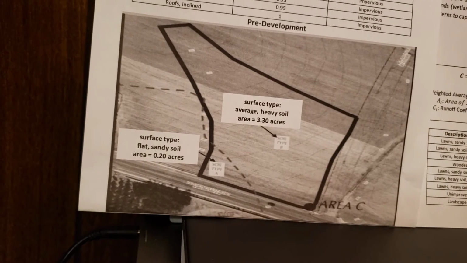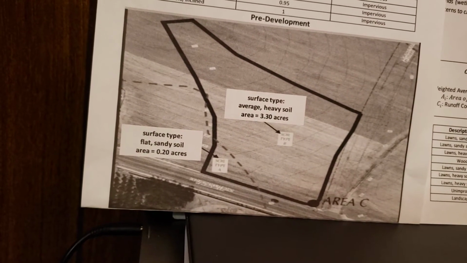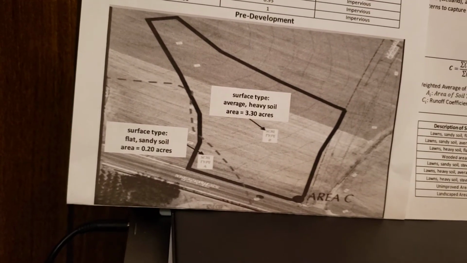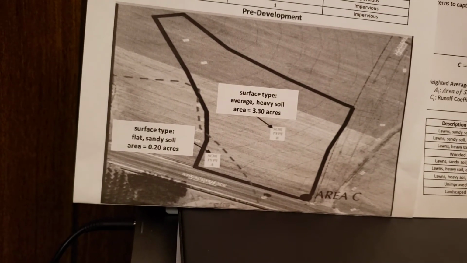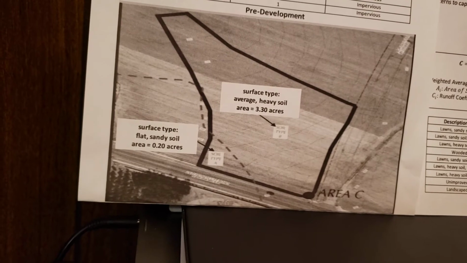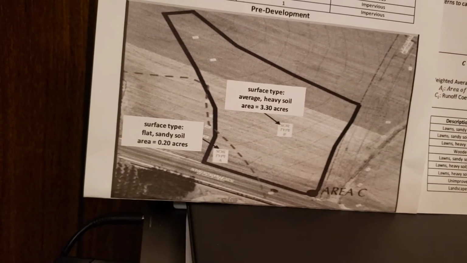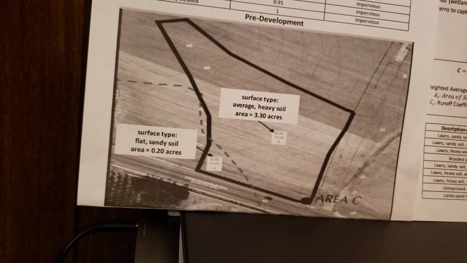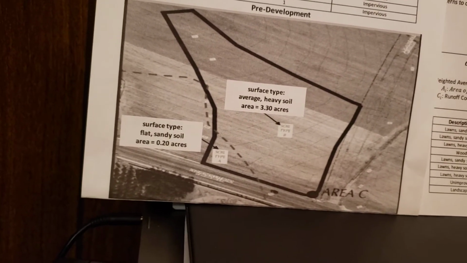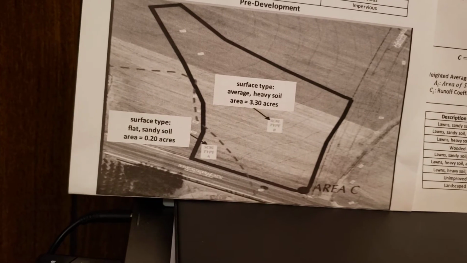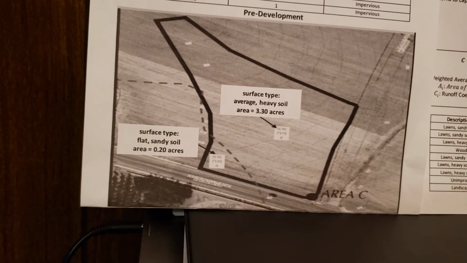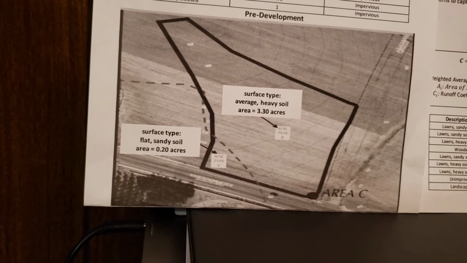We determined the pre-development runoff coefficient for the marked area in number 3. So we took A1 as the surface type of heavy soil, which was 3.30 acres, and the rational runoff coefficient C1, which was 0.2. The surface type was average heavy soil, so A2 was 0.20 acres. The rational runoff coefficient C2 was 0.1.